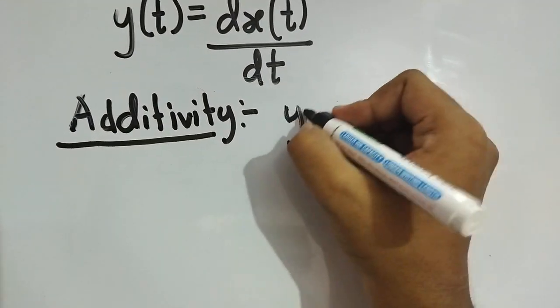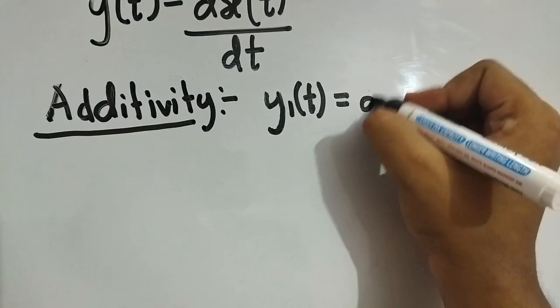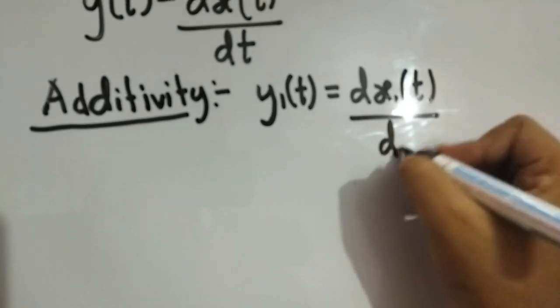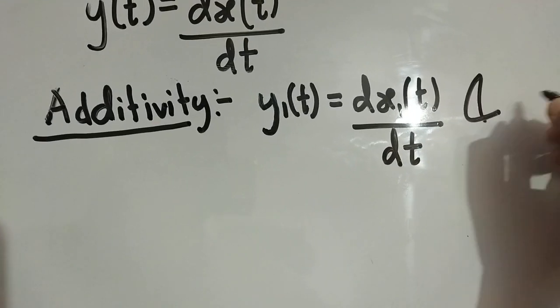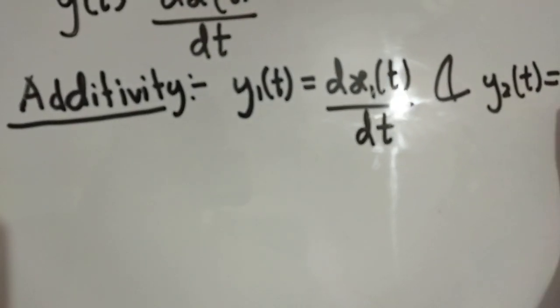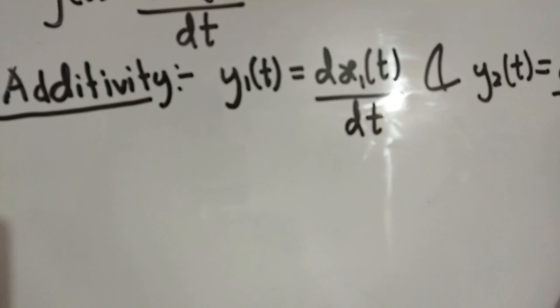Here y1 of t will be d x1 of t upon dt, and y2 of t will be d x2 of t upon dt.